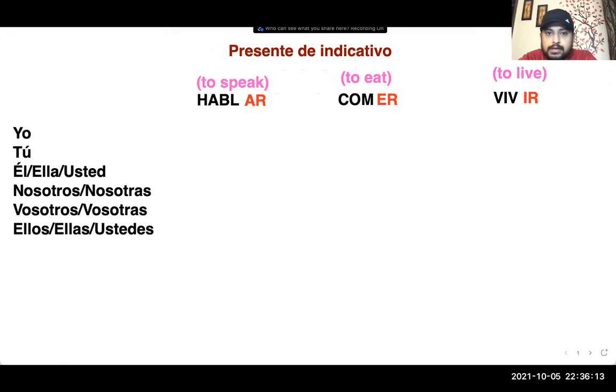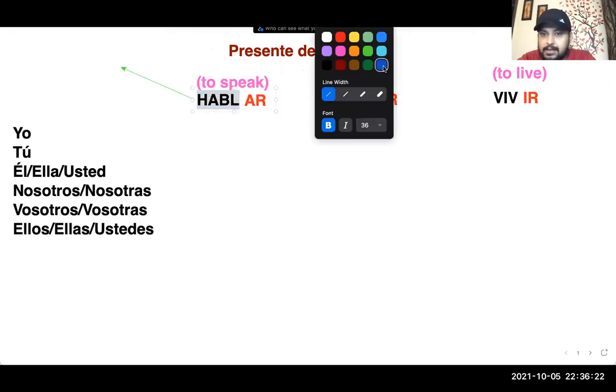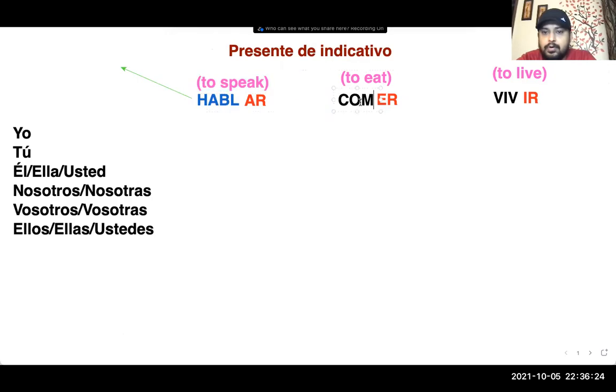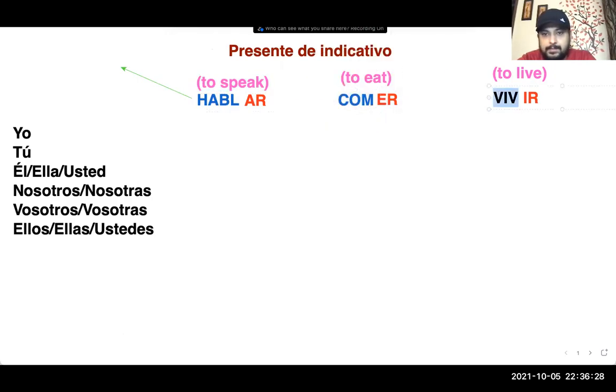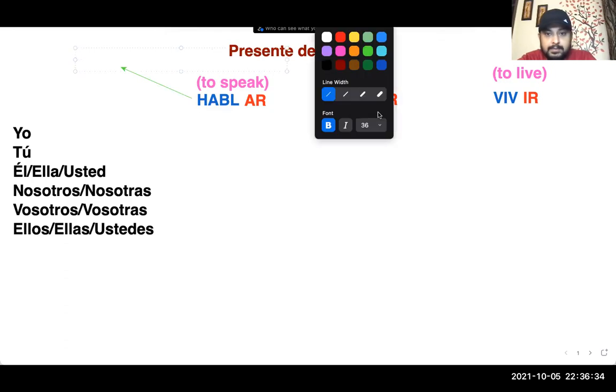So before we conjugate, the one written in blue color is called the stem of the verb, and the one written in red color is called the root of the verb. This is called the stem of the verb.